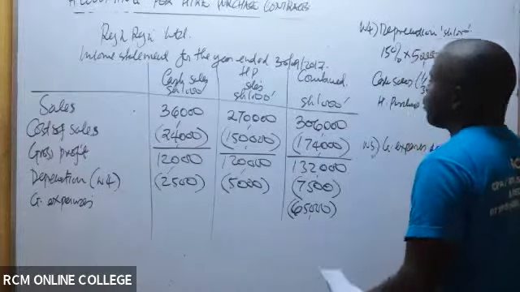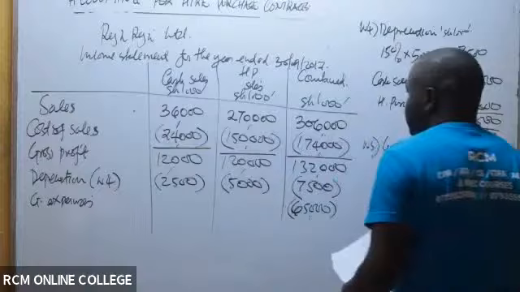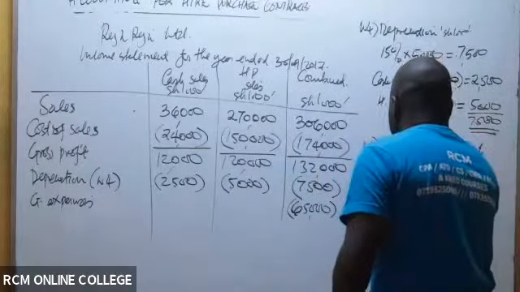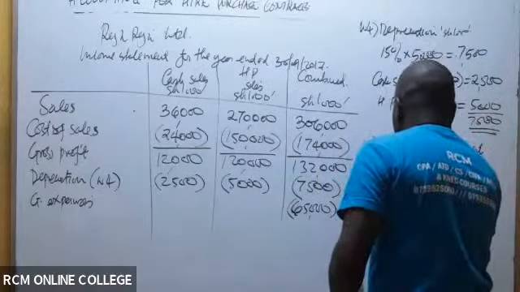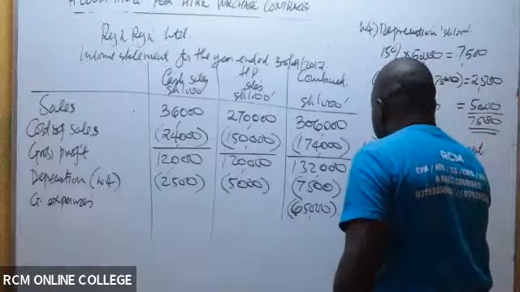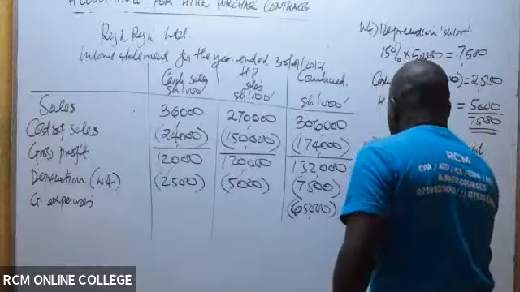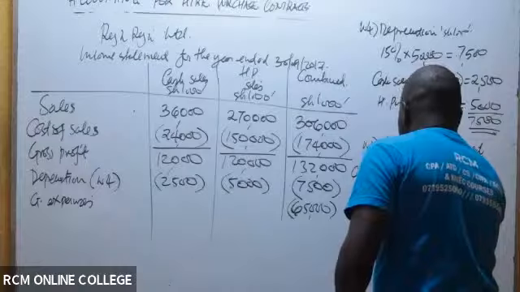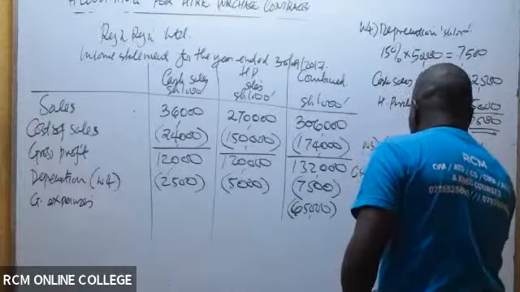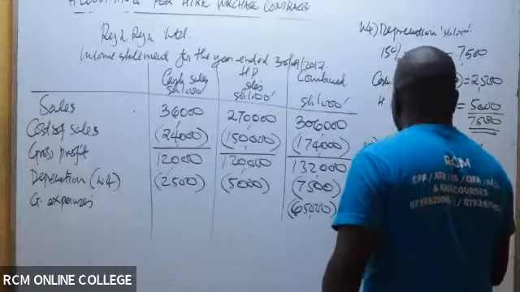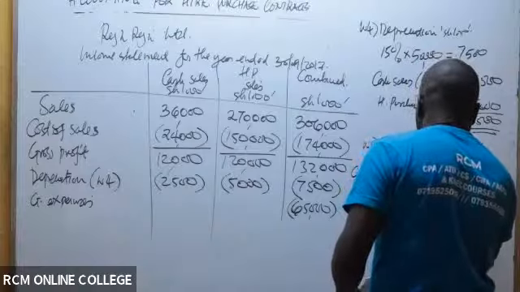You apportion on the basis of the sales. So in this case, you take 36 million, for this is for the cash sales. 36 million over 306 million, you multiply by 65 million.